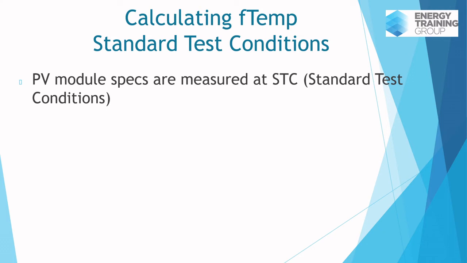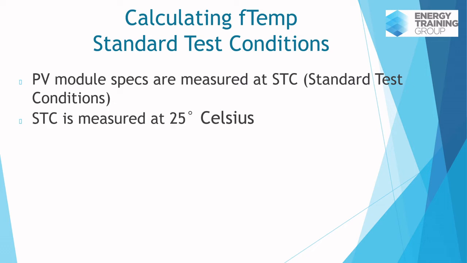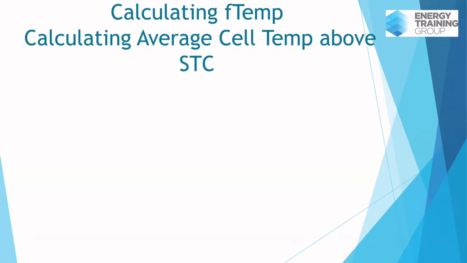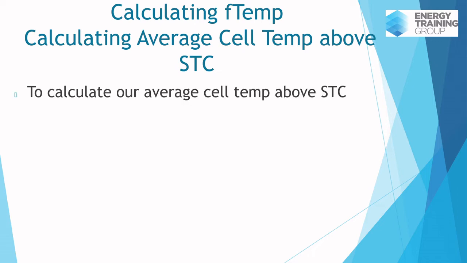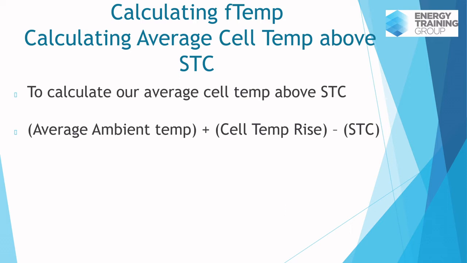Now we also need to remember that PV module specs are measured at STC, standard test conditions, and standard test conditions are measured at 25 degrees Celsius. So let's calculate our average cell temp above STC. We take our average ambient temp, we add our expected cell temp rise, and then we minus standard test conditions.